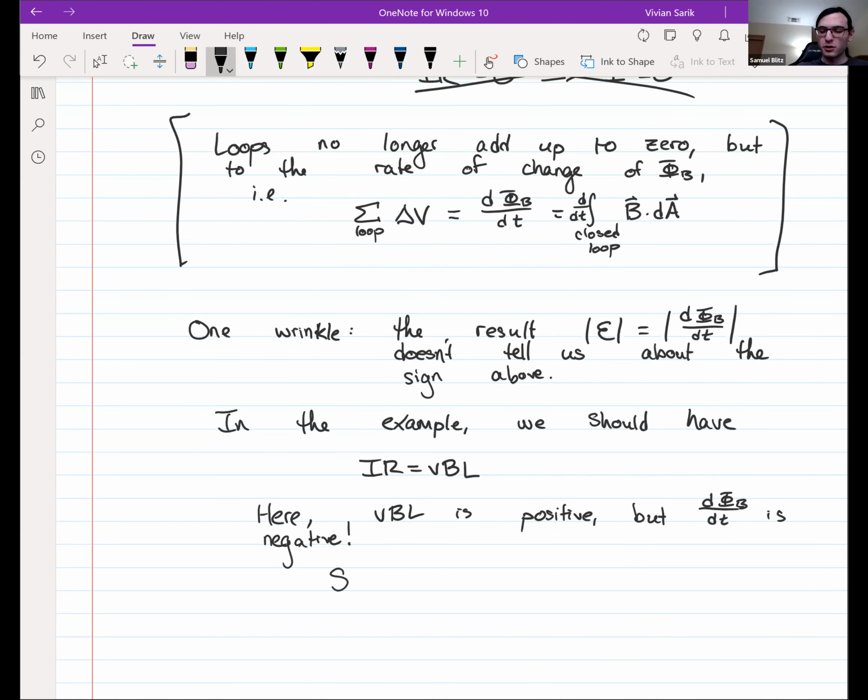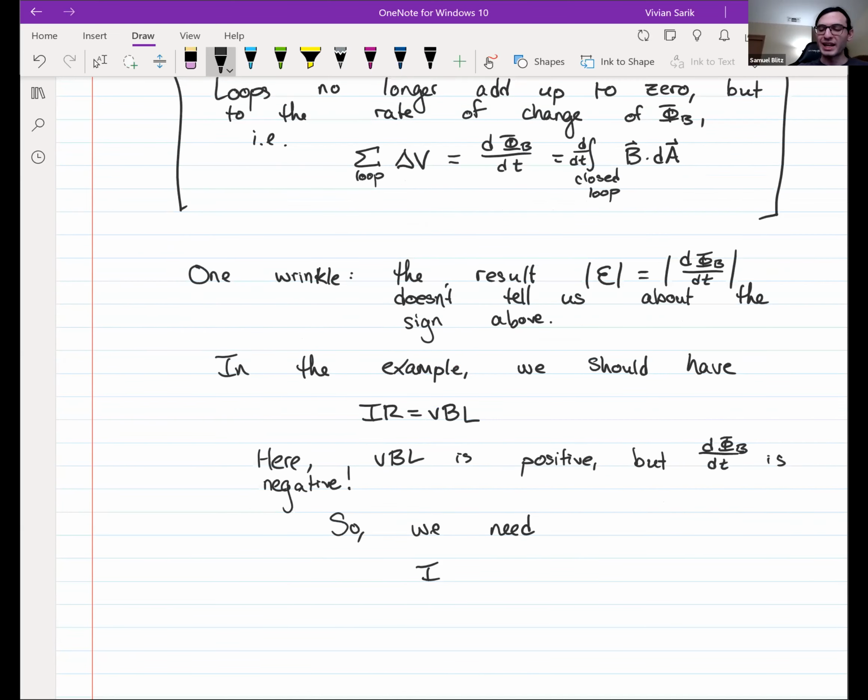So for our formula, we need that IR is equal to the negative dΦ_B/dt, the negative time derivative of the flux. And so the newfangled loop rule that we should get from this relationship should read minus IR is equal to dΦ_B/dt.